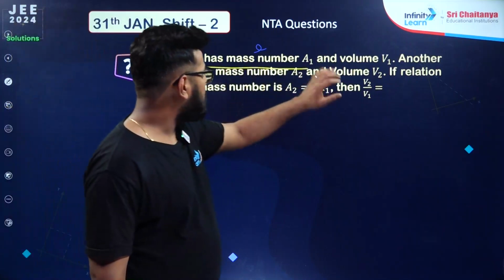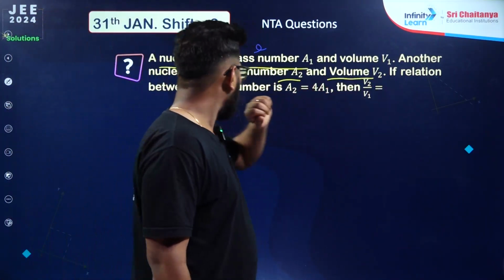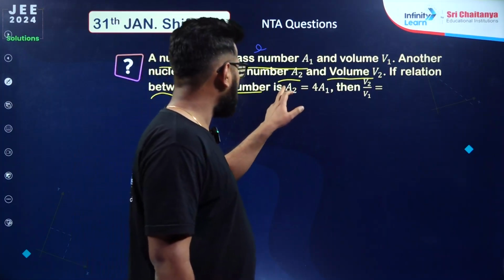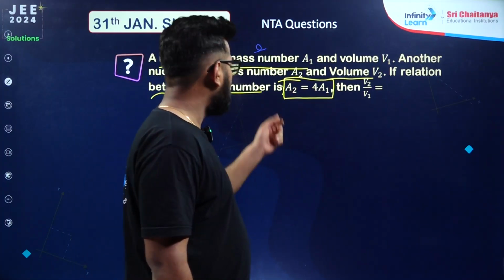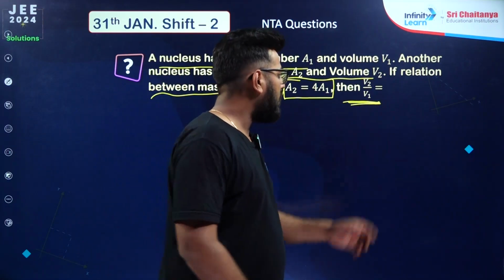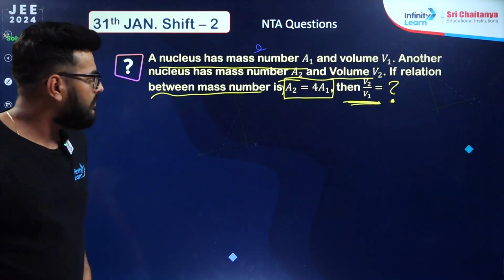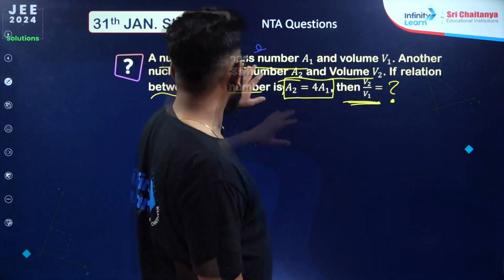Now a nucleus has mass number A1 and volume V1. Another nucleus has mass number A2 and volume V2. If the relation between mass numbers is A2 equals 4 times A1, then what is going to be the value of V2 is to V1? They have given the mass number.